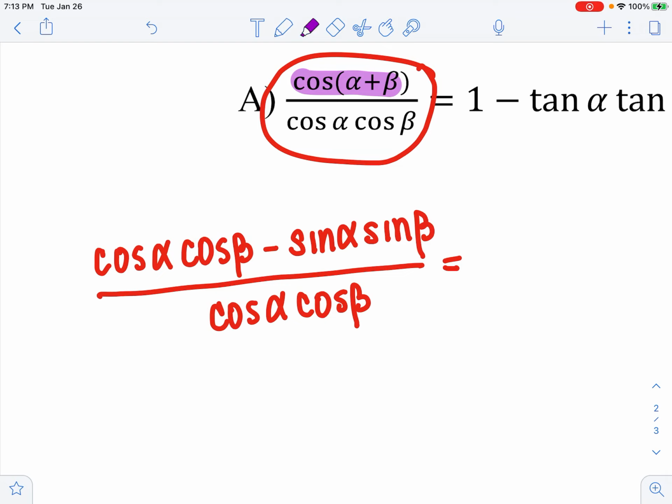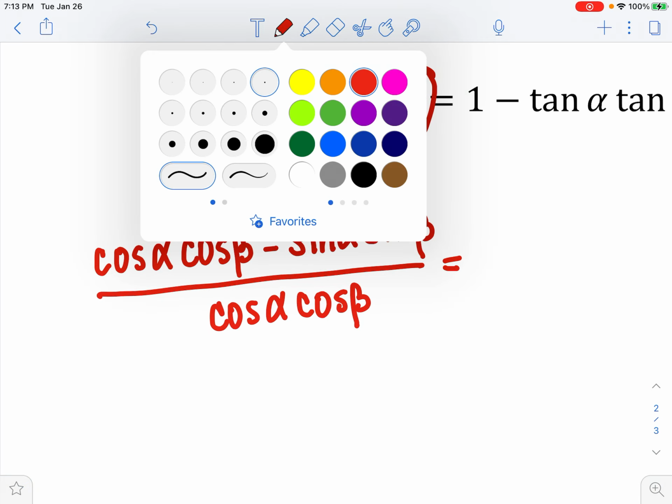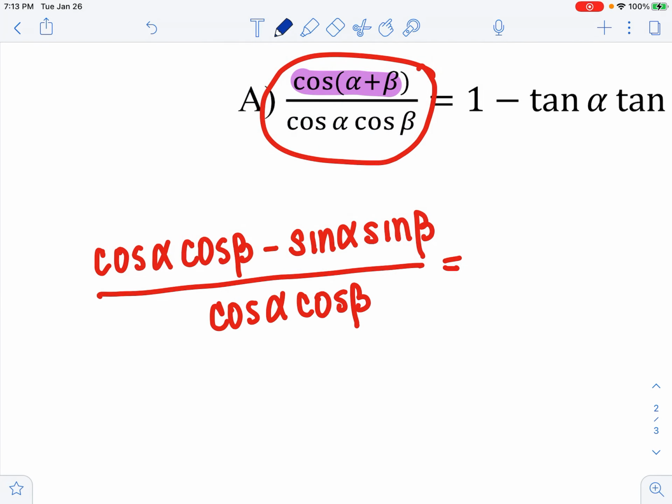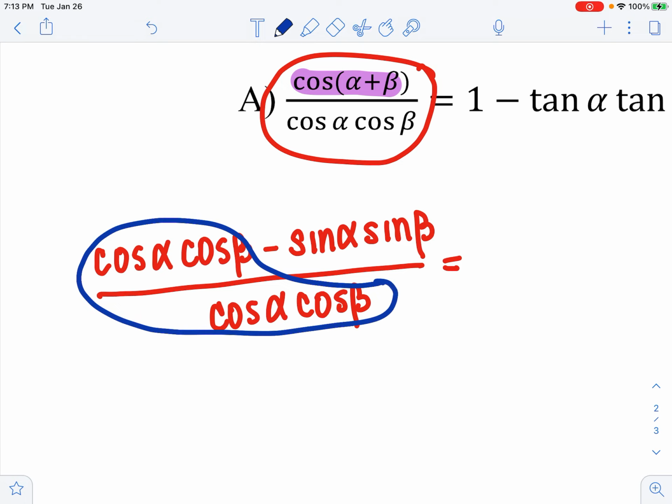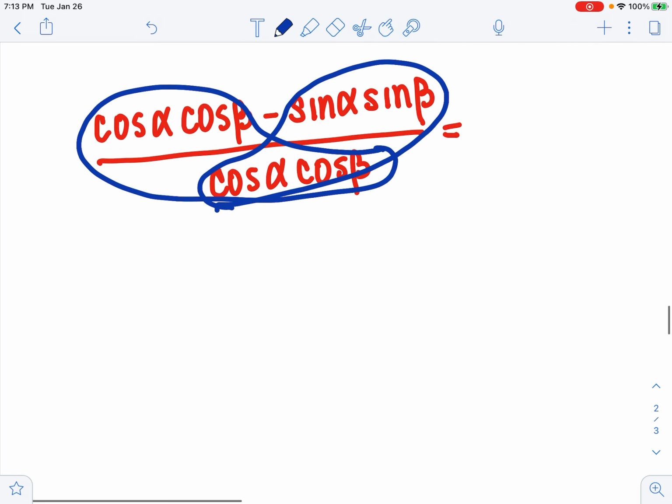And if you look here, you should say, wait a minute, I see sine over cosine right there. So what you have to realize is you're going to have to divide. This, remember, is one term because it's just all multiplication. There's no addition or subtraction separating it. So I can divide this term in the numerator by that, and I can divide this term by the denominator.